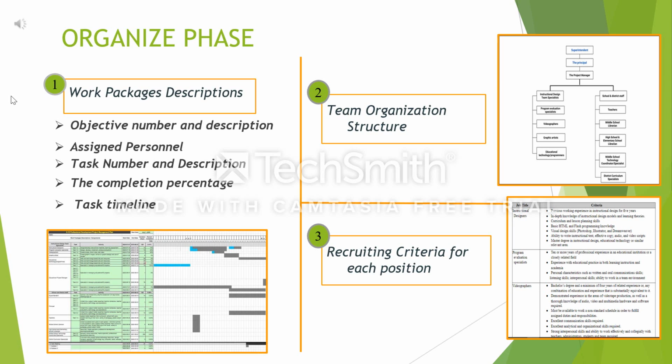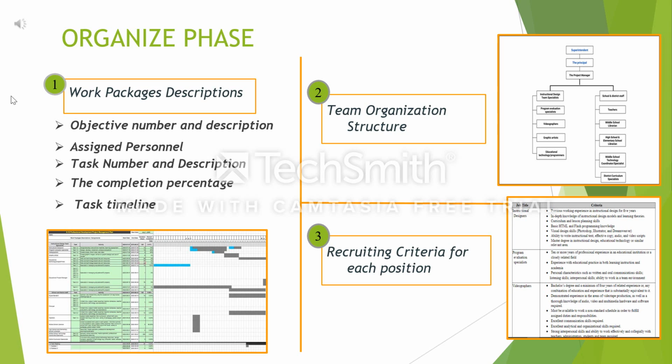Also, we formed team organization structure, include all participants in the project. In the top of the structure, the superintendent, the school principal, and the project manager. Then we have two teams. The first one is the instructional design specialists, like instructional designers, videographers, graphic artists, and educational technology programmers.